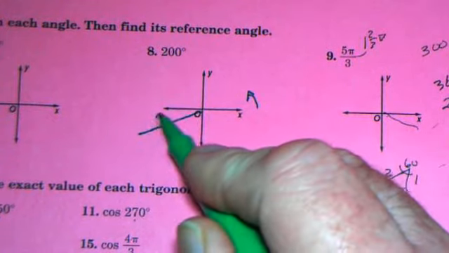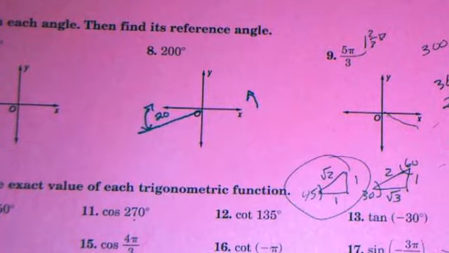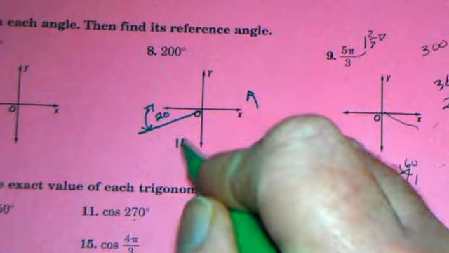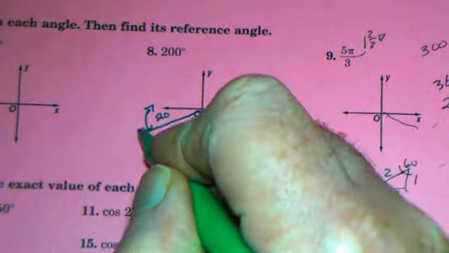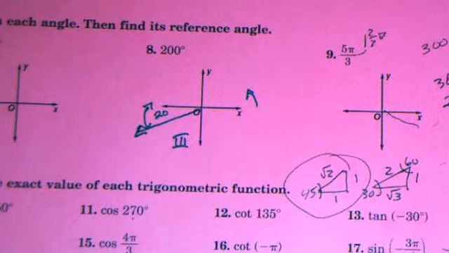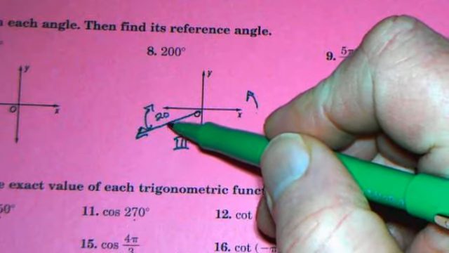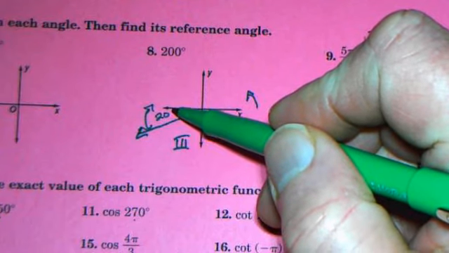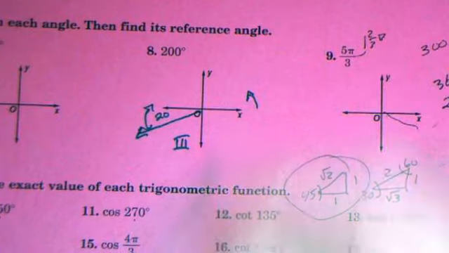So I've got approximately 20 degrees past the 180 down into the third quadrant for the terminal side of that angle. The reference angle is the angle that it takes to get back to the x-axis. This is 20 degrees past the x-axis, so my reference angle is 20 degrees.